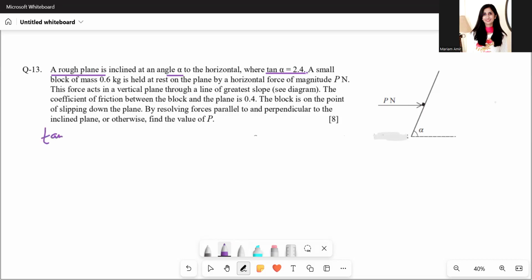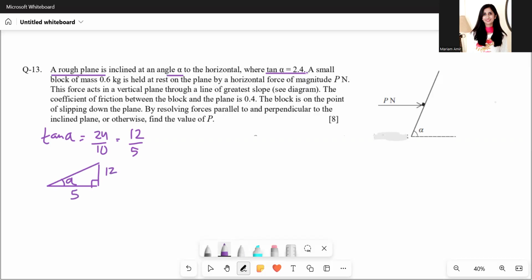So tan alpha is 2.4, that is 24 over 10, or simplified would be 12 over 5. Now, if I draw a right angle triangle here, and this is alpha, tan is opposite over adjacent. This would be 12, this is 5.